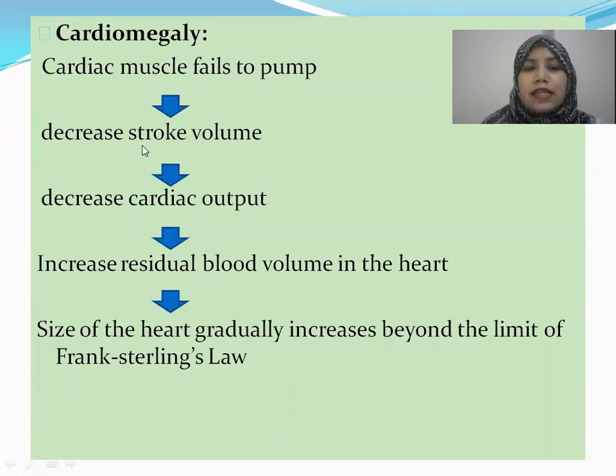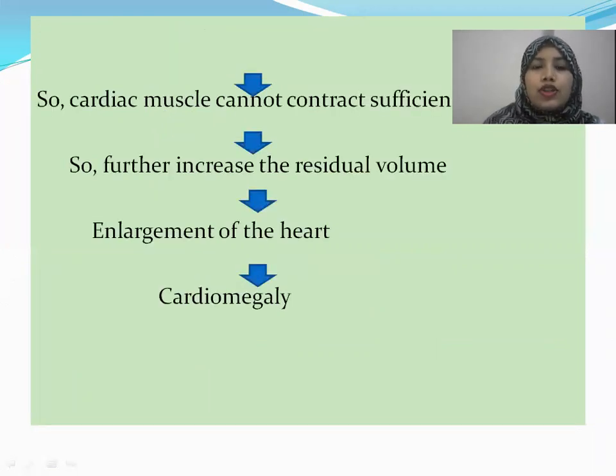That results in decreased stroke volume and cardiac output. So, residual volume accumulates within the heart. So, the size of the heart gradually increases beyond the limit of the Frank-Starling law. So, cardiac muscle cannot contract sufficiently, and with further increase of the residual volume, enlargement of the heart occurs, which is termed cardiomegaly.